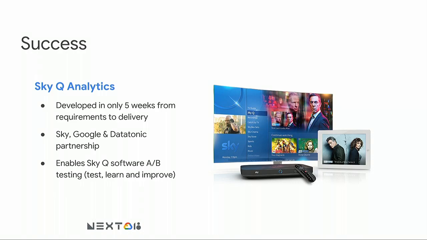We do A/B testing on the box software, so we can determine whether from one release of the Q software to the next we're actually seeing material benefits and improvements in the software. So typically what we do is we take a small population of boxes, we roll those boxes up to the new revision, and we watch whether both old and new cohorts of box users are performing as we would expect, and whether the new cohort is seeing a material benefit.